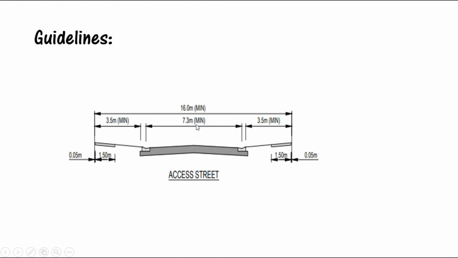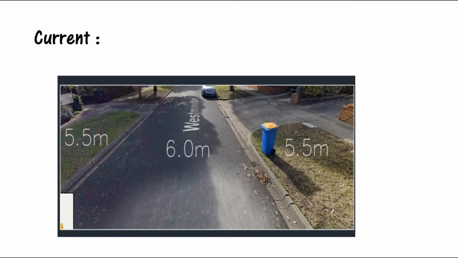What we have in Westminster is less than 6 meter from lip to lip. Here 5.5 meter total width from both sides, from back of the curb all the way to the boundary.